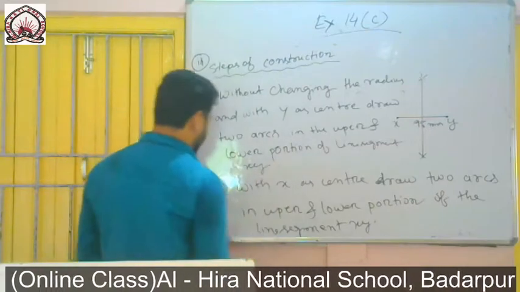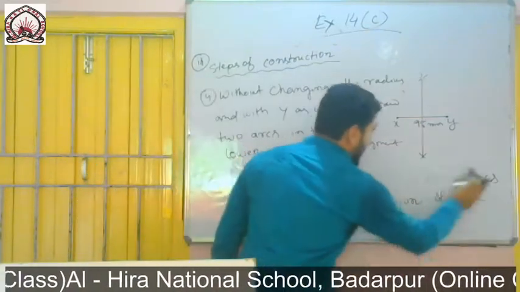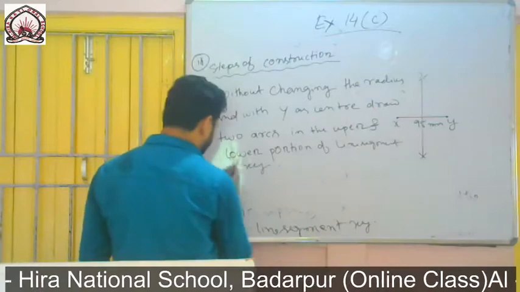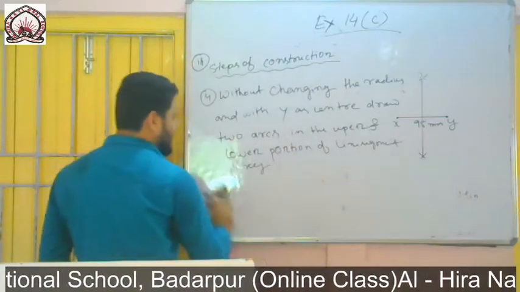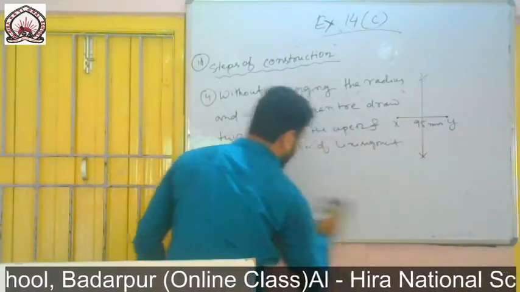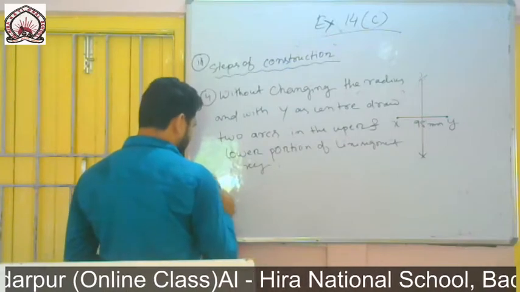Okay, now you can see that both the arcs intersect or cut each other. So write step 5.